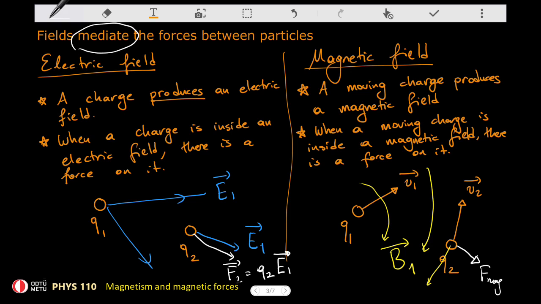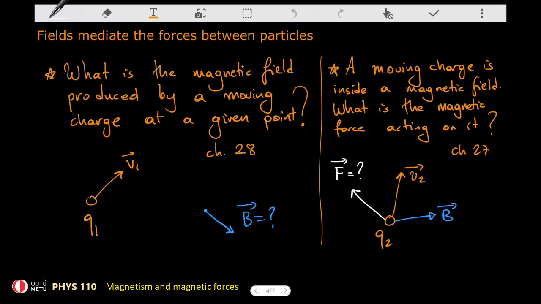The charges are only interacting with the electric and magnetic fields. They modify the electric and magnetic fields, and somehow faraway charges sense that modification, and so therefore two charges somehow seem to apply some force to each other. So that's essentially the idea.